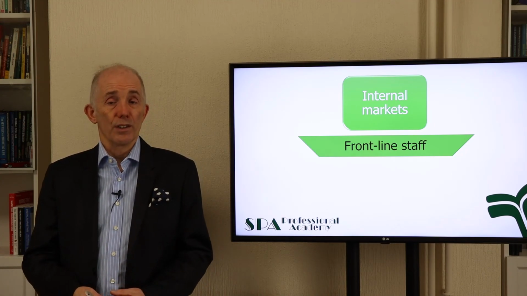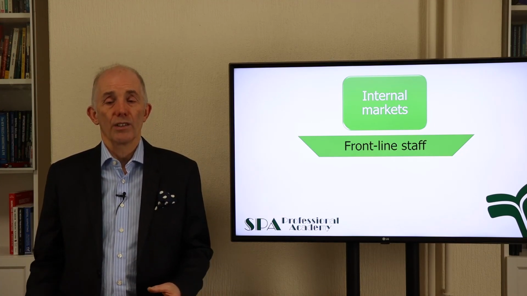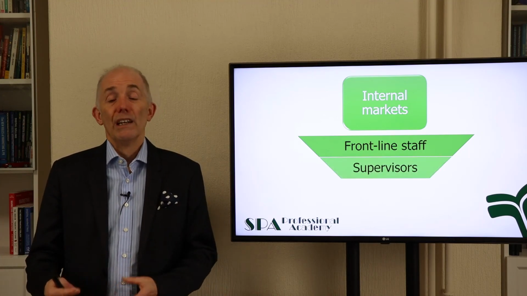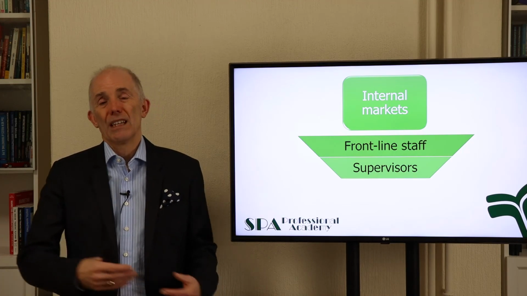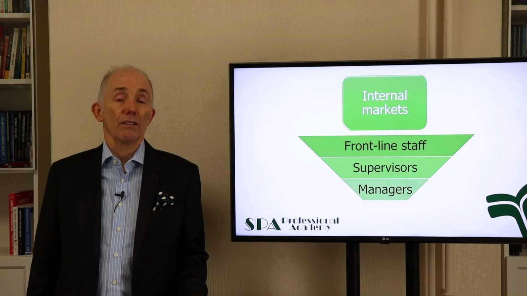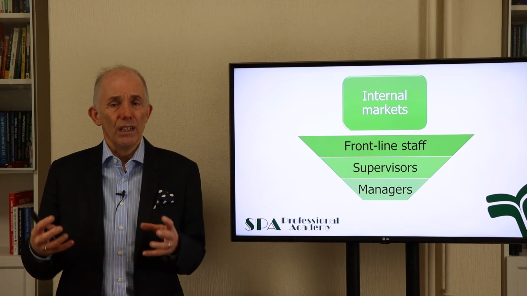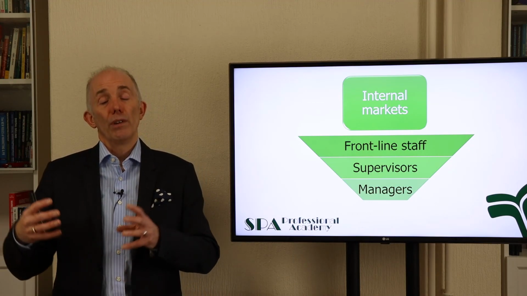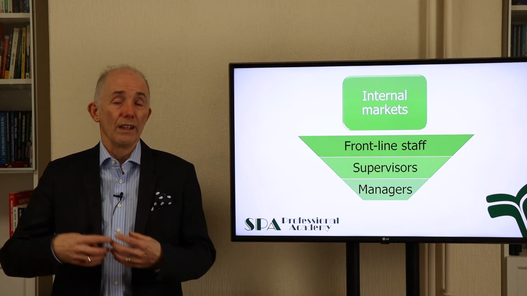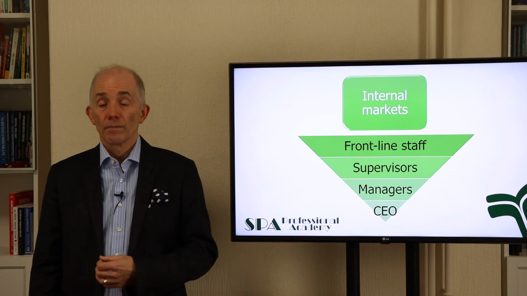We need good relationships, but we need to understand what the relationship is. Supervisors, those people that supervise the frontline staff, the intermediate managers, if you like, but the managers themselves, what are the relationships here? But recognizing that these all build the relationships with our end user customers.